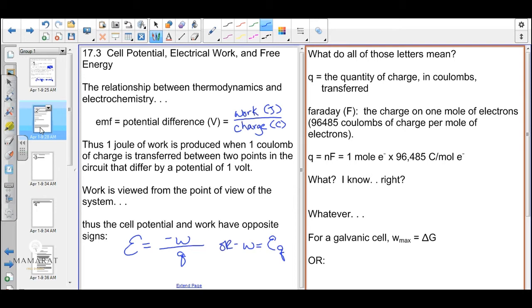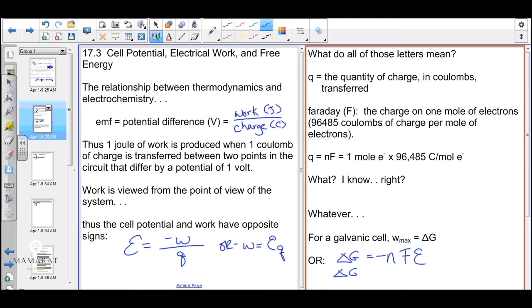So for a galvanic cell, the maximum work is equal to delta G, or the free energy. Or this equation, which you'll find on your sheet from AP, that delta G equals negative n, whoops, that's an n, not an m, n times capital F, which is that Faraday, times the potential.